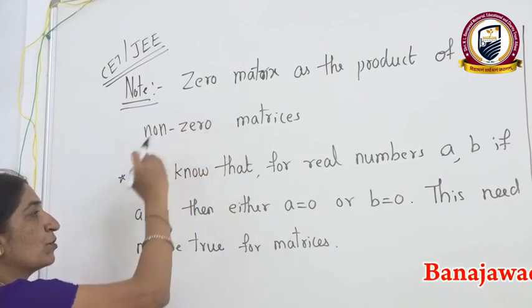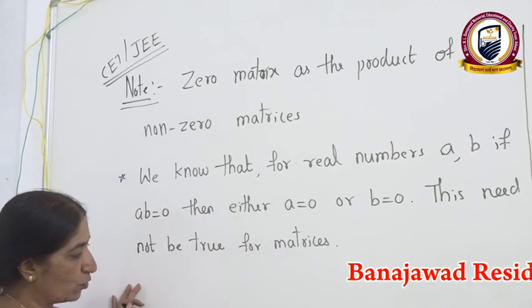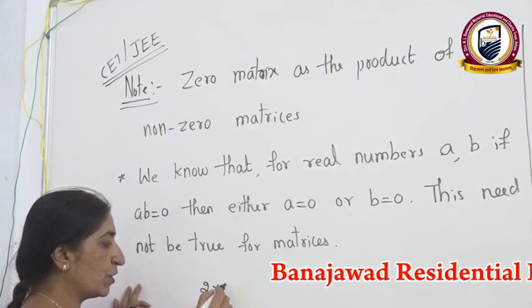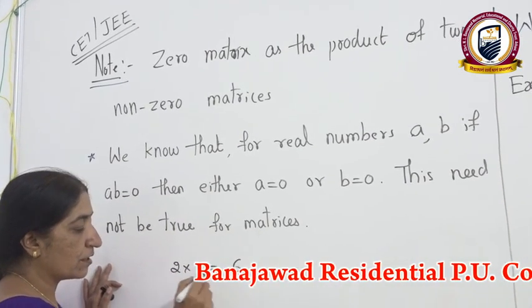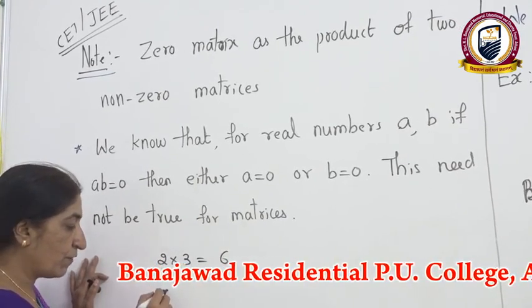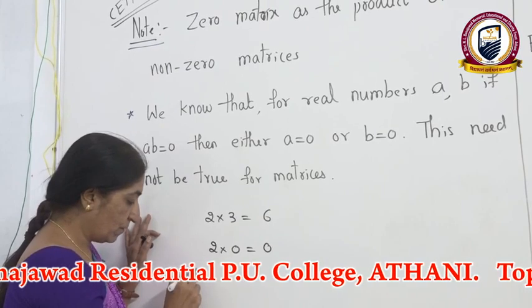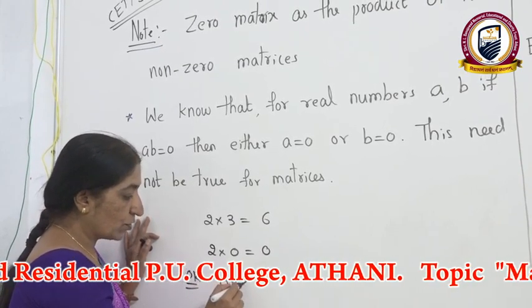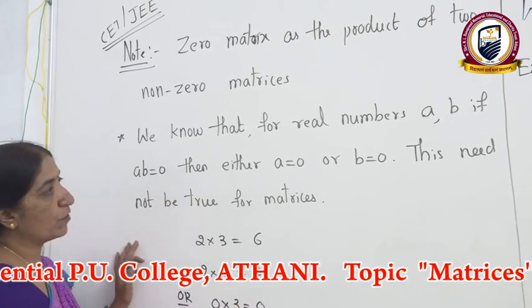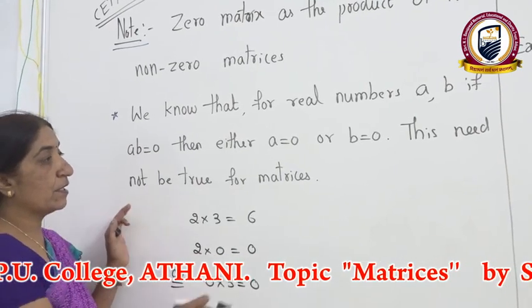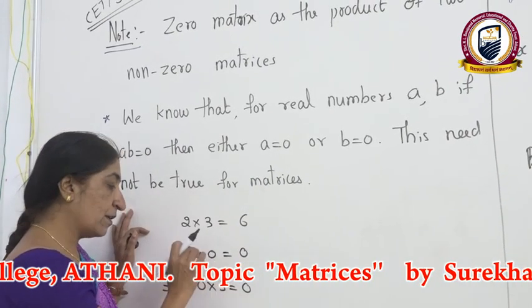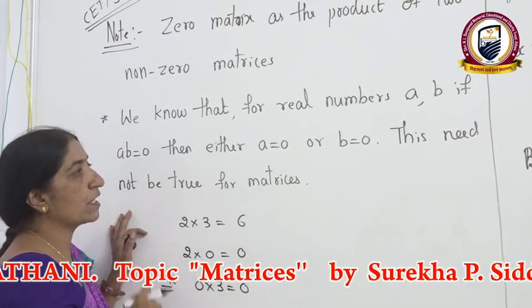See, before going to that, when you are multiplying two real numbers, for example 2 into 3, it gives you 6. The answer will not be 0. Suppose you multiply 2 into 0, your answer will be 0, or 0 into 3, your answer will be 0. When you are multiplying two real numbers, if the answer is 0, it means either the first element is 0 or the second element is 0.